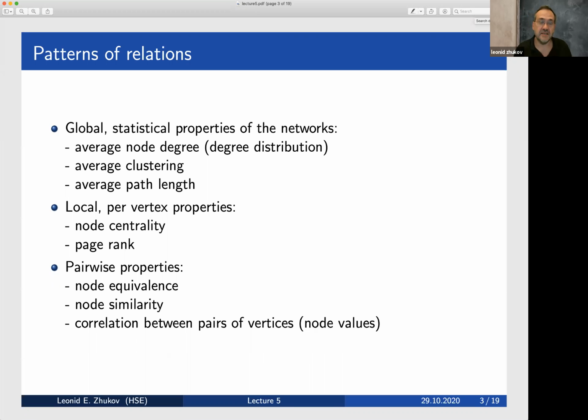We then discussed, and it's not listed here, the way to cluster nodes to detect communities. And finally, we're going to talk today about the pairwise properties of the nodes. So when you have several nodes in the graph, how they relate to each other and how the properties of the nodes relate to each other.